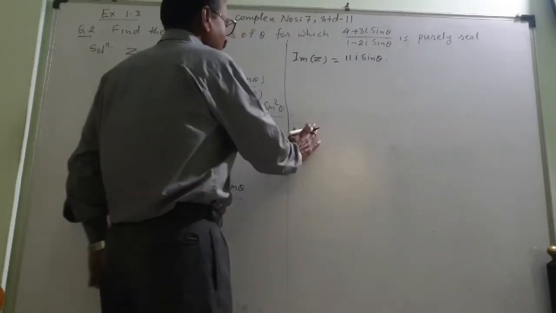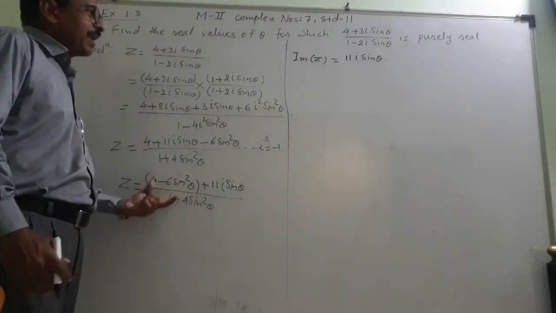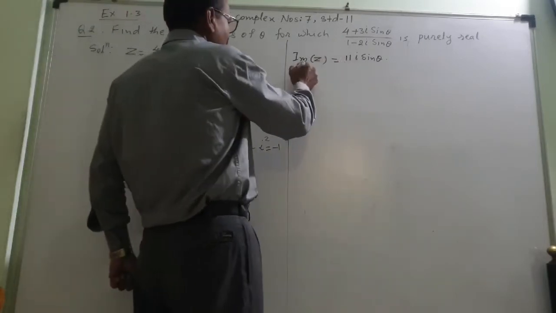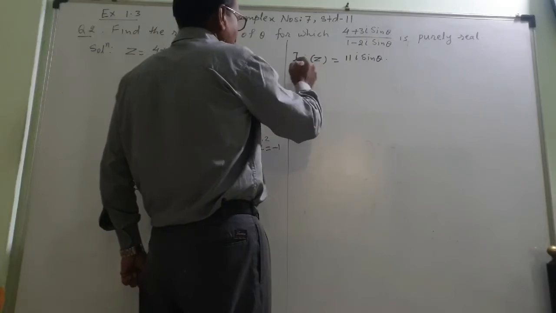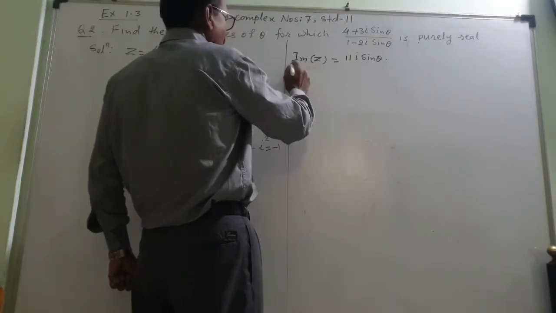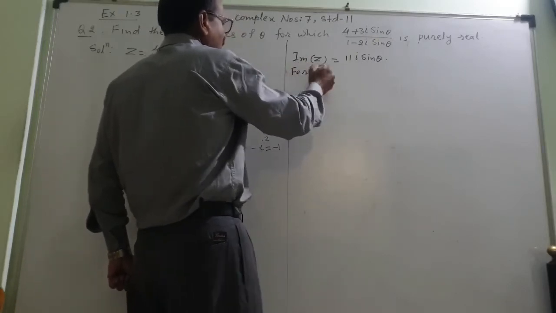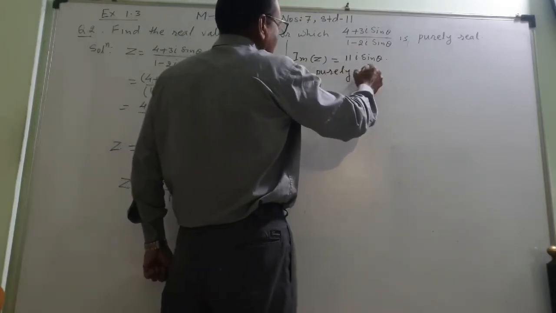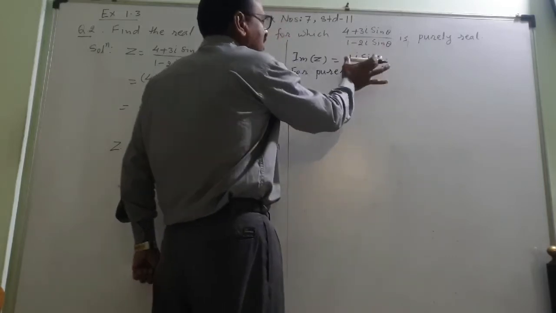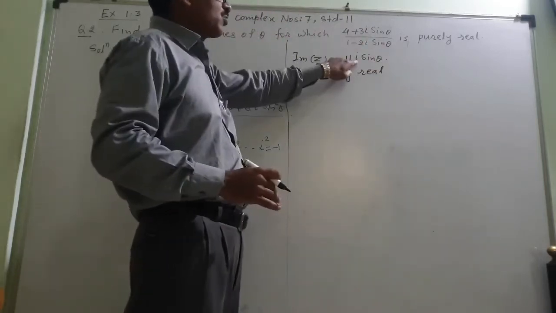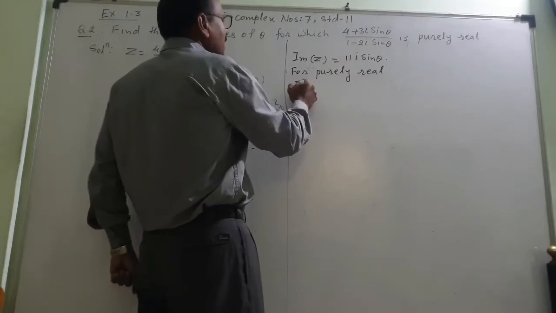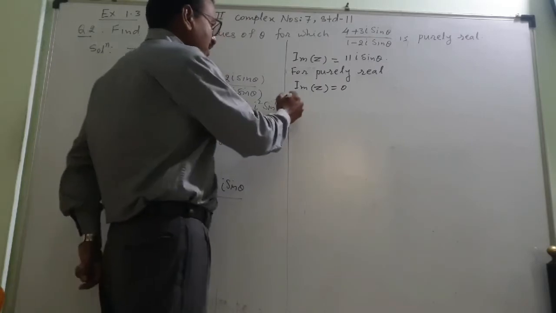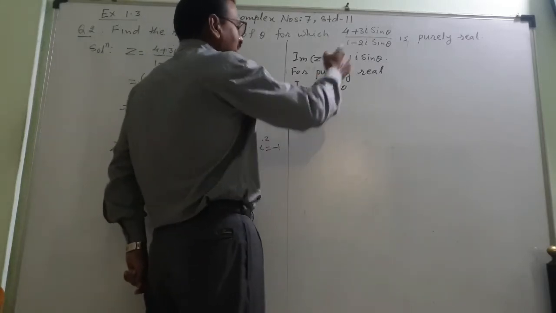For purely real, this real part will remain and this should become 0. This part should not be there. Imaginary part should not be there. Imaginary part of z should be equal to 0. Therefore, which is the imaginary part? 11.